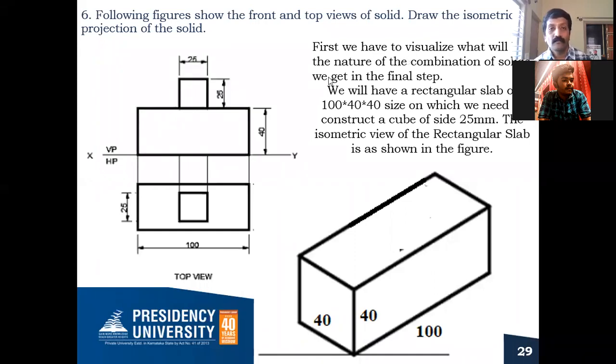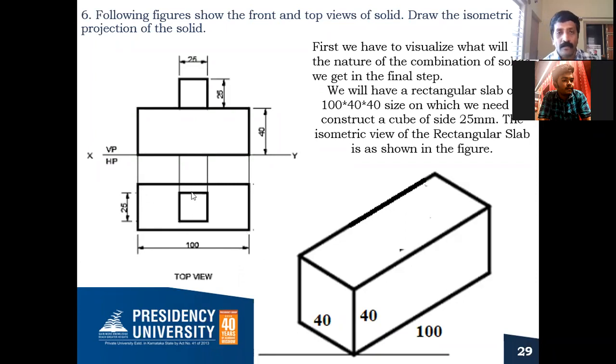Okay. So how to draw the top view and front view, you know. First you draw the outer rectangle of 100 by 40. How do you draw the cube inside? You draw the diagonals.